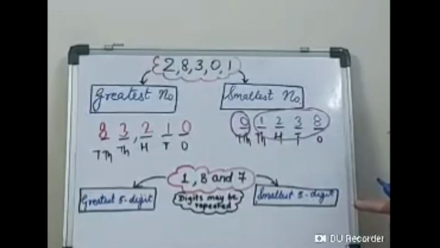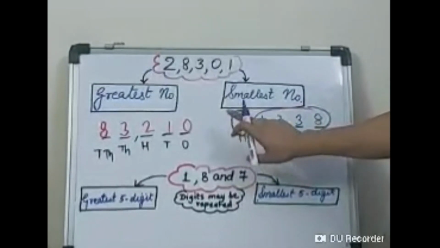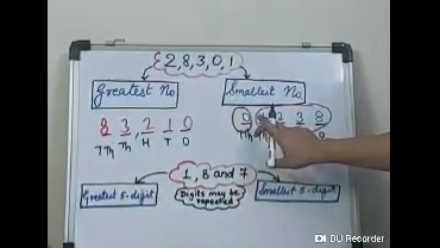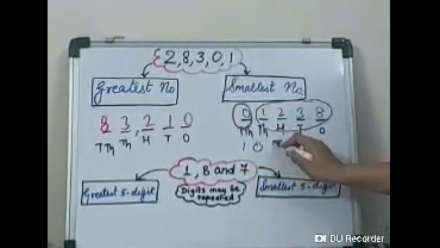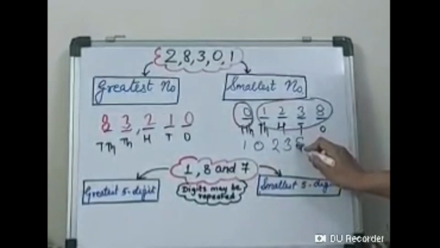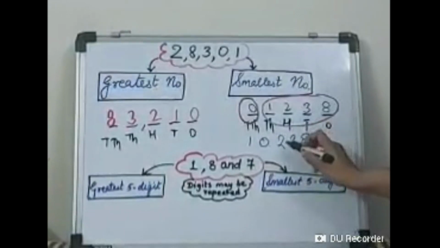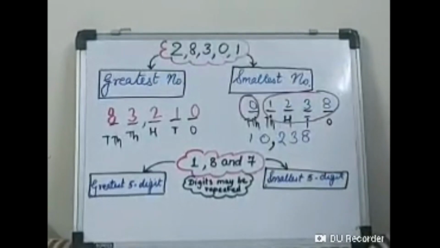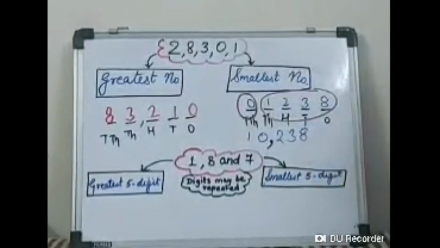So what I am going to do is, instead of placing the 0 at the first position, I am going to place the 0 at the second position. So my number will become 1, 0, 2, 3, 8. And how am I going to read this number? I am going to place the comma. Now my number will be called 10,238.